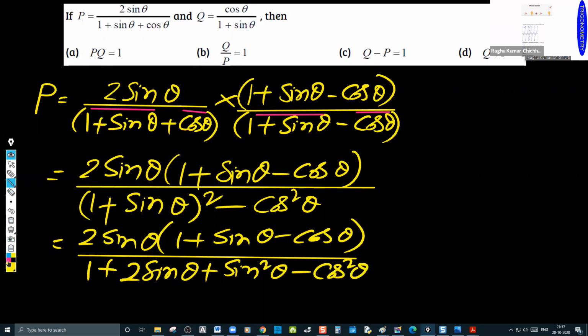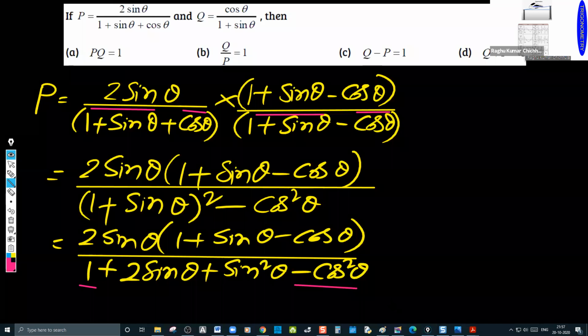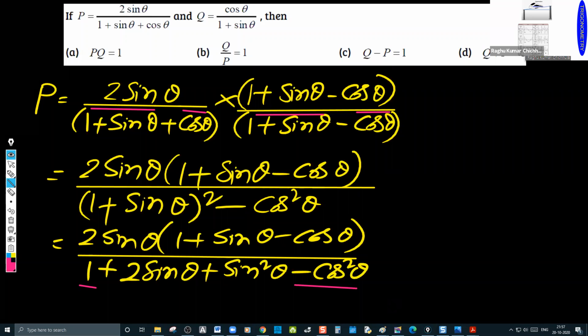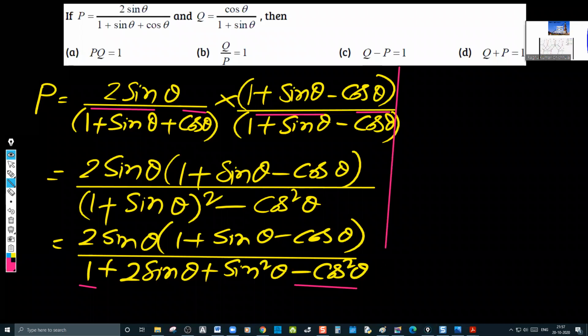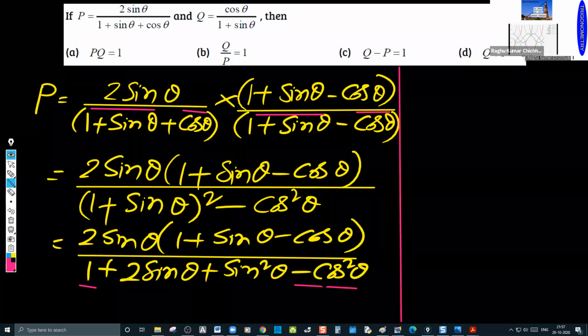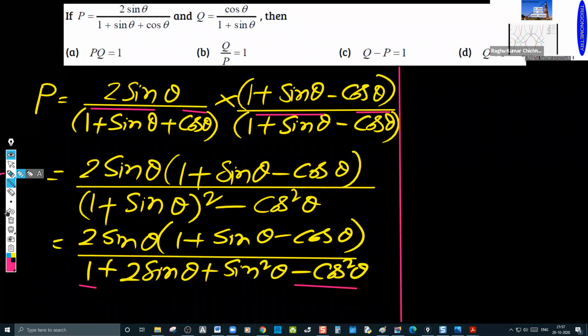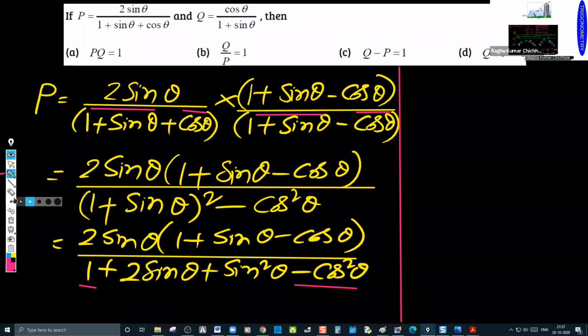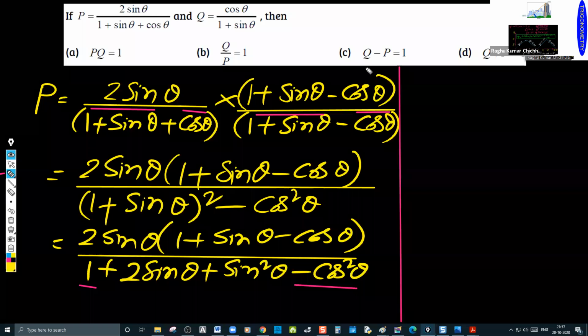If you observe these two carefully, what can be written in that place? Sine square theta. Yes, you're right. Instead of 1 minus cos square theta, we can write sine square theta.